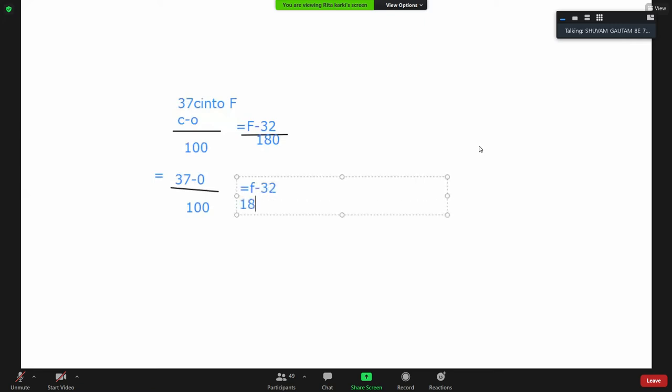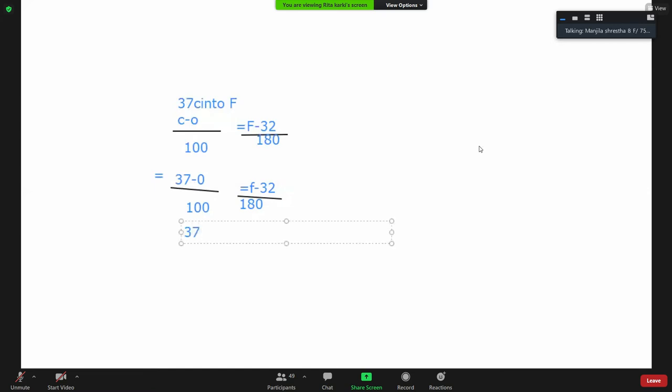So now can we find the equation here? 37 upon 100 is equal to F minus 32 upon 180. So what will be the answer? Do the numerical and tell me. Everyone, please do the numerical and tell me.